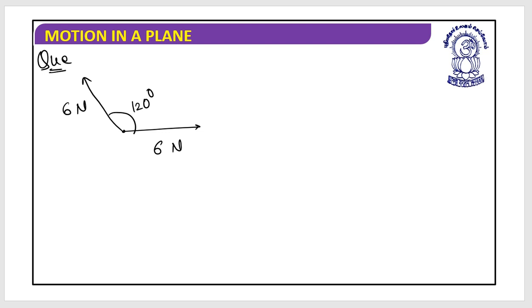This is the point P. One more vector is there which is in this direction. This is of 3 Newton as well. And this is having an angle of 60 degree.